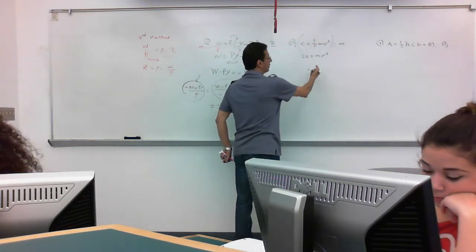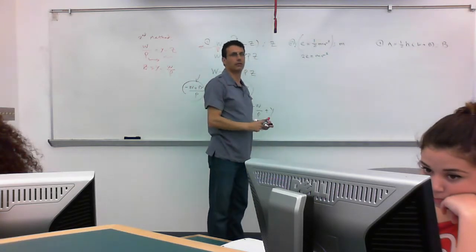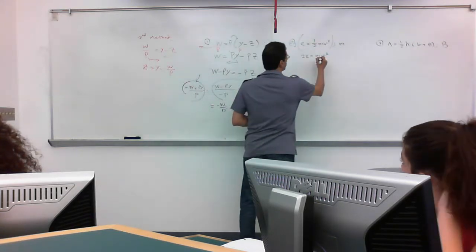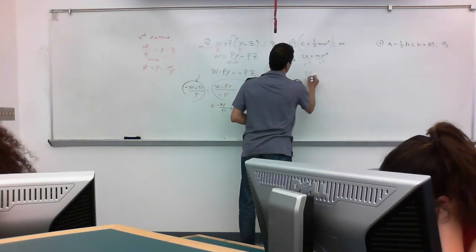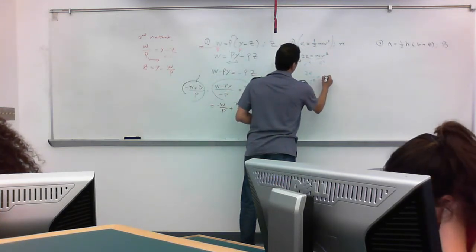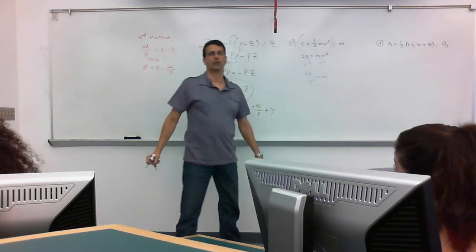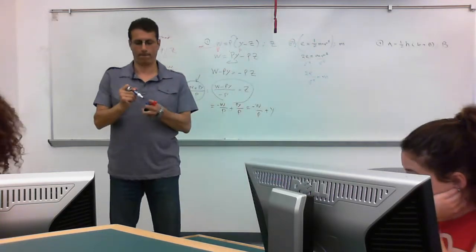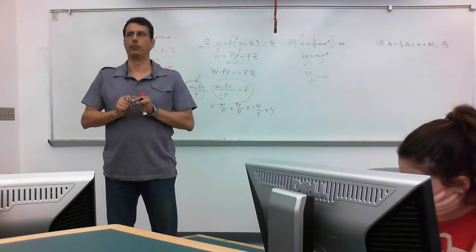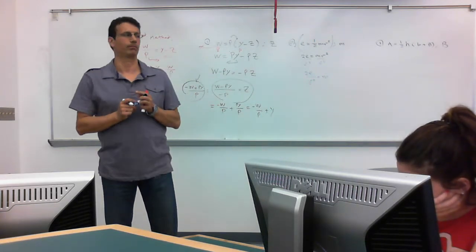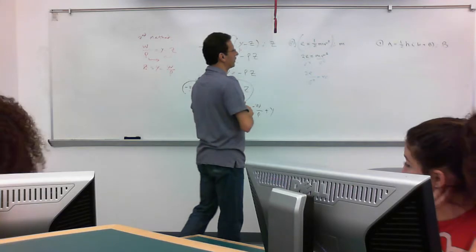So what's the next step? Divide by what? V squared. So 2e over v squared is m. Sounds good? Everyone?